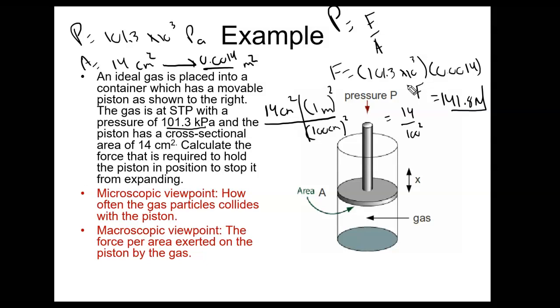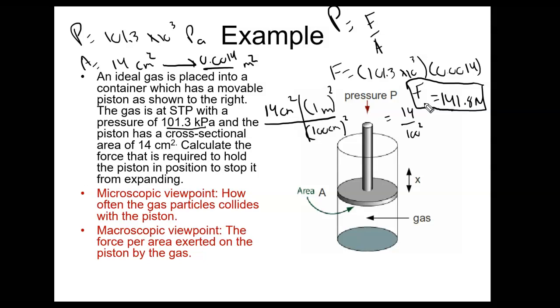So this is the answer to my question. Again, a very basic type of calculation, but understand that the origin of the pressure of this gas comes from those particle collisions. That's the microscopic viewpoint. The macroscopic viewpoint has to do with, oh wait, we have to apply a force to stop this thing from expanding.